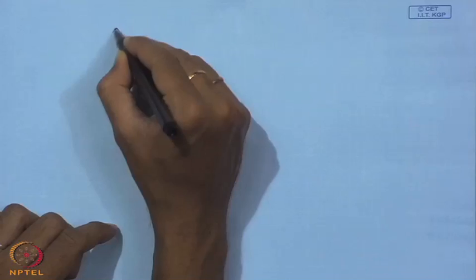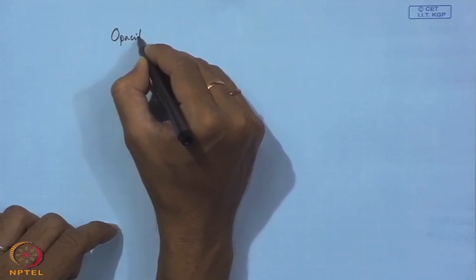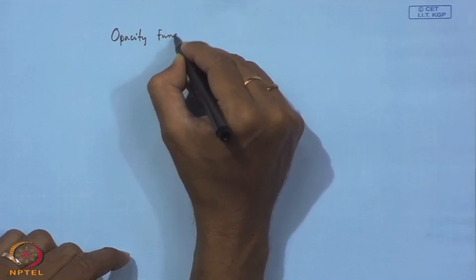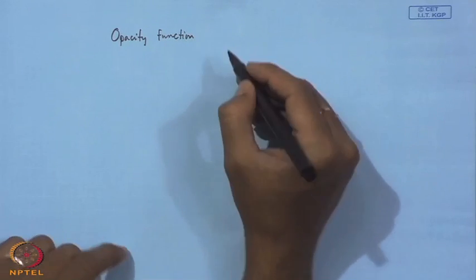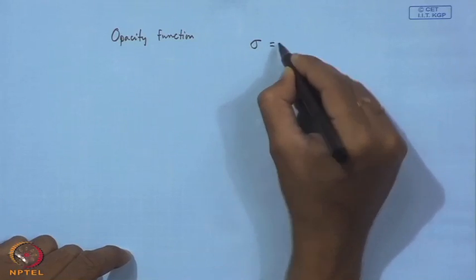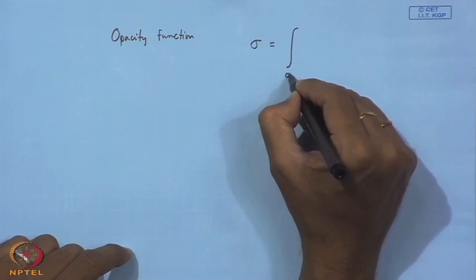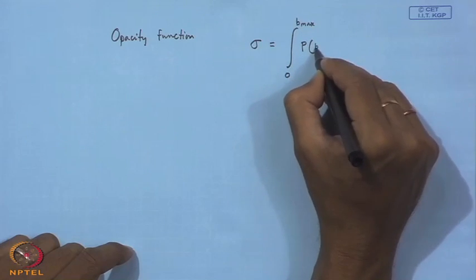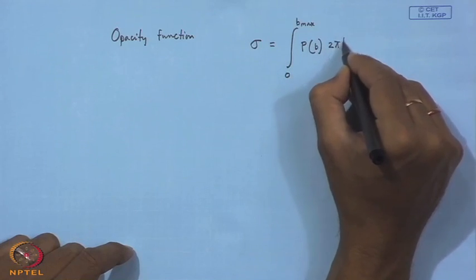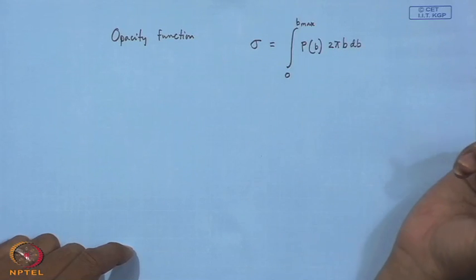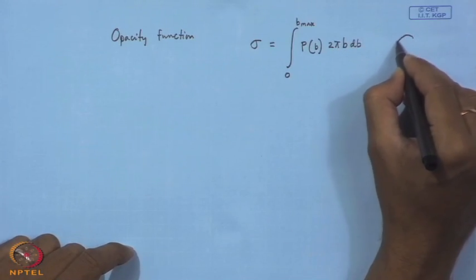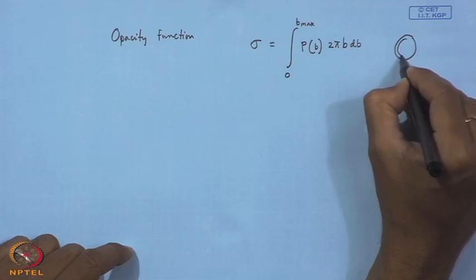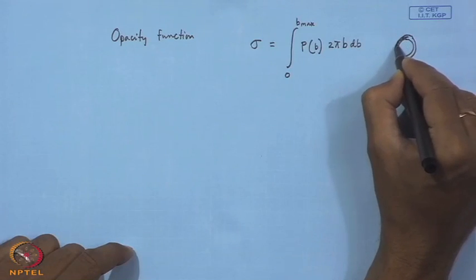Okay. Now, let us try to understand what this opacity function is. So, remember the expression, cross section sigma is equal to the integral from 0 to b max of P(b) into 2 pi b db. So, 2 pi b db is coming from this area.